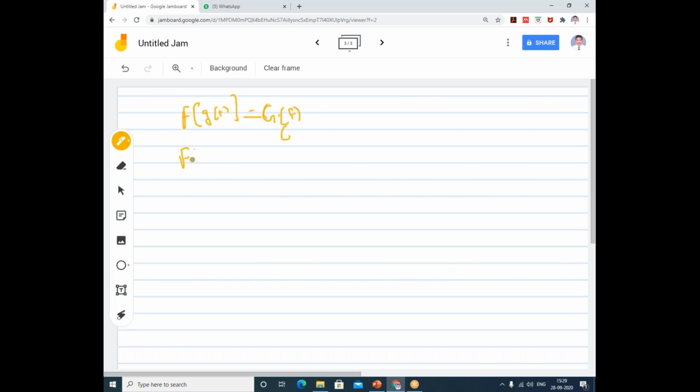Then the Fourier transform of e power j2 pi fct into g of t is G of f minus fc. This is what we have to prove. Now, your function is nothing but e power j2 pi fct into g of t. That's what it is now.